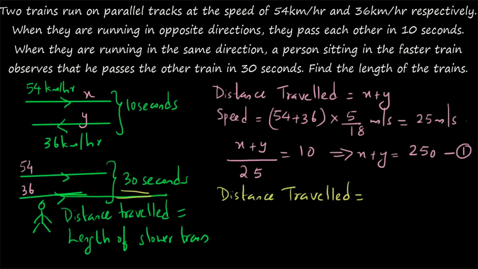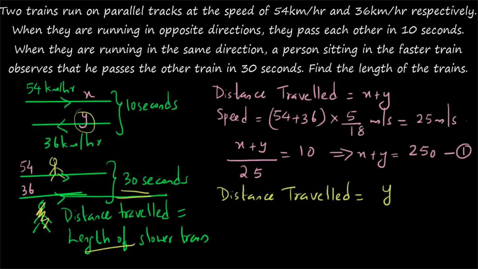So the distance travelled in 30 seconds will not be the sum of the length of the trains, but it will be the length of the slower train. A person sitting here is only observing. So he is observing that he is crossing the entire train in 30 seconds. The distance travelled will be equal to the length of the slower train, which is equal to y.